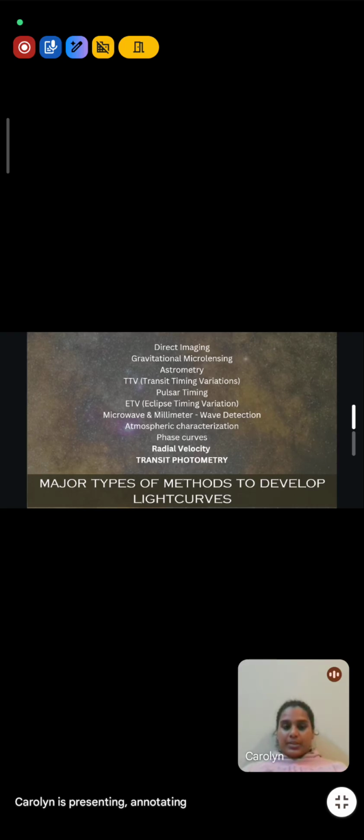Then we have TTVs. TTVs is nothing but transit timing variations, and this is primarily a technique that looks for certain deviations in the timing of transits of the body when it goes around the host star. And when it transits around the host star, it causes gravitational interactions with other planets in the system.